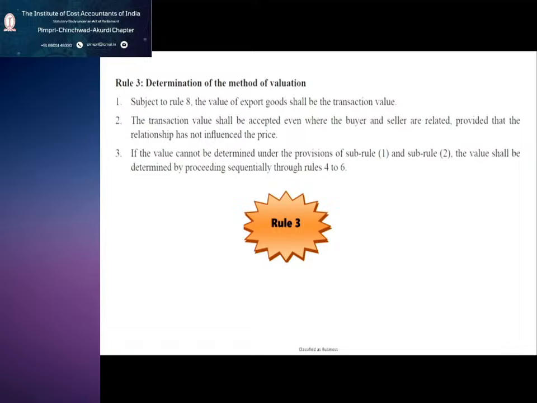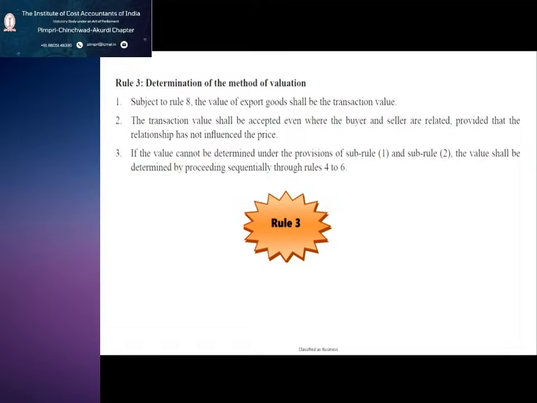The value of export goods shall be the transaction value. The transaction value shall be accepted even where the buyer and seller are related, provided the relationship has not influenced the price. This is very important, and actually this topic is valuation and related party transactions.